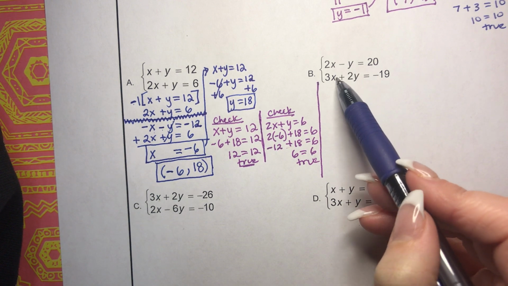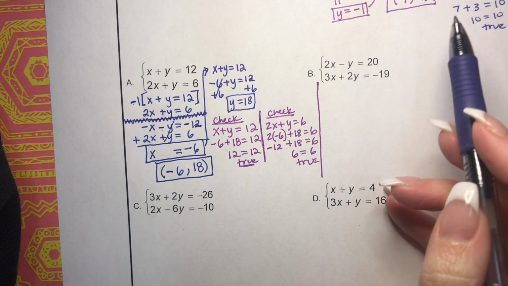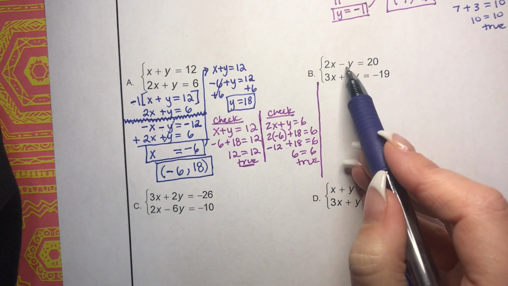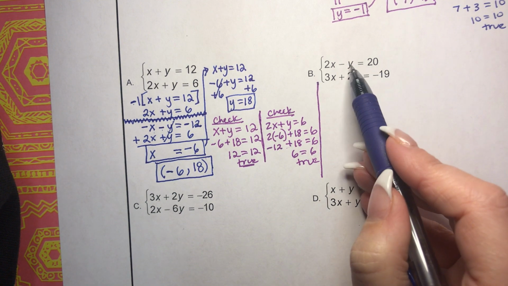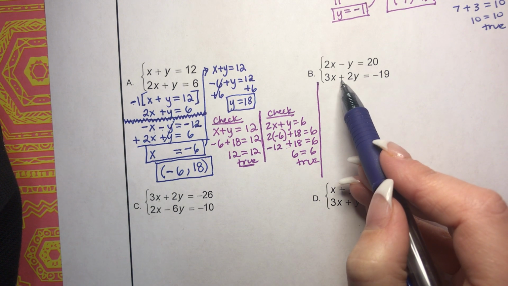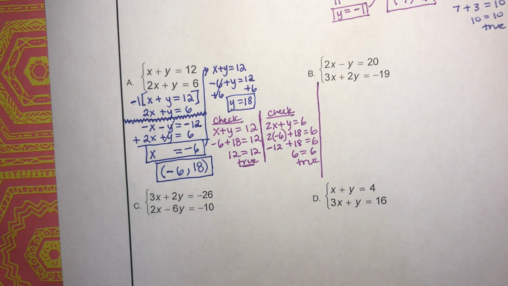This is nice because they already have opposite signs, and it's also nice because it's a 1. If I multiply this equation by 2, I would end up having -2y, which would be the opposite of positive 2y, and they would eliminate. So that's what I'm going to do.